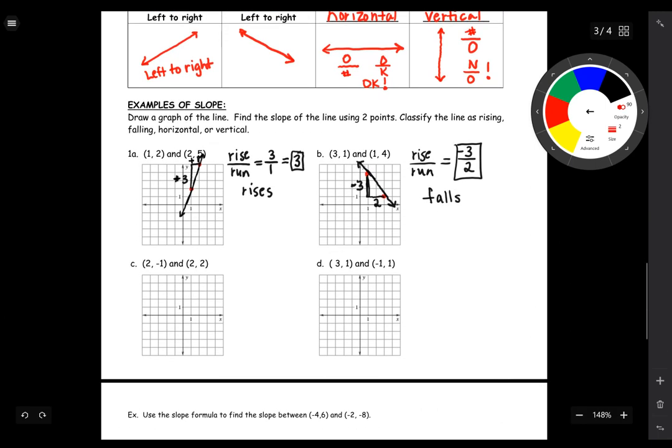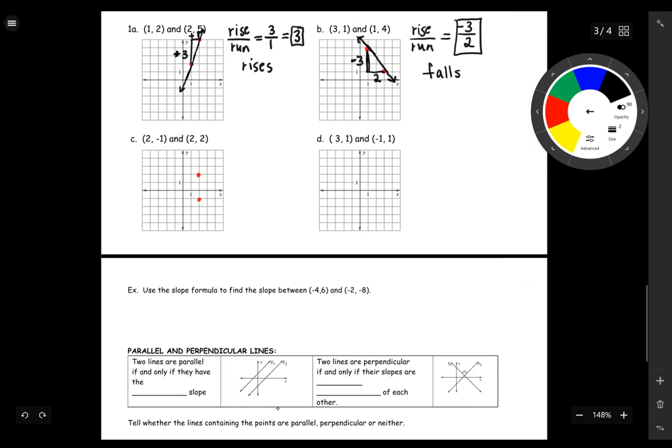Okay, next example. What is this doing? It's solidifying your graphing skills for one, and then you're remembering what slope is. So go right 2, down 1, right 2, up 2. Connect the dots. And then we are going to do rise over run.